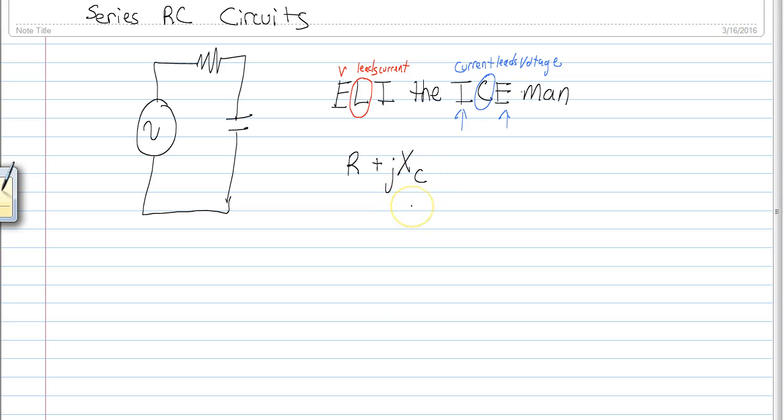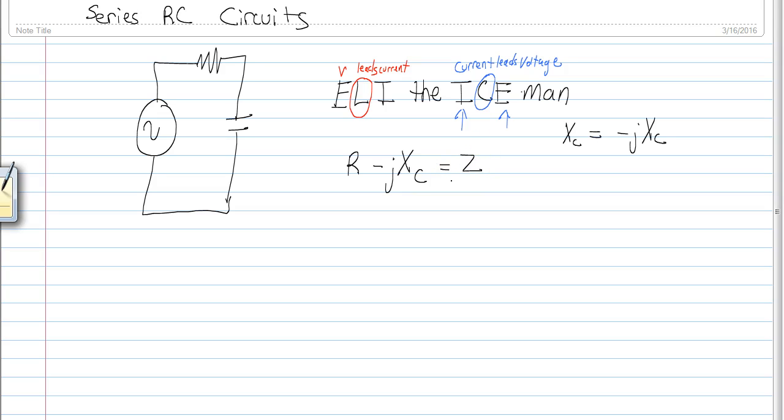That's your basic format for a series RC circuit. We label X of C as negative j X of C, those are the same. So R plus negative jX of C. That is what impedance is equal to.